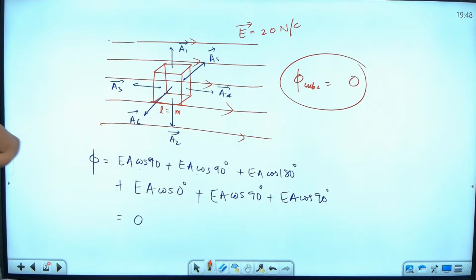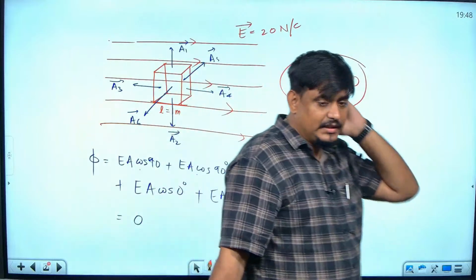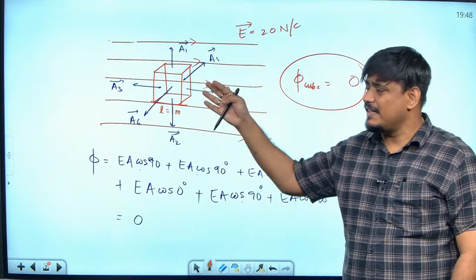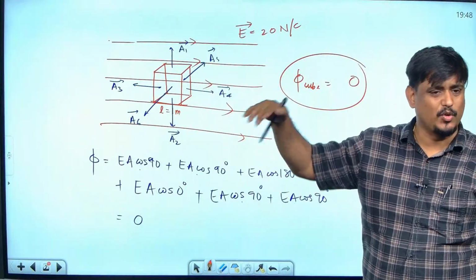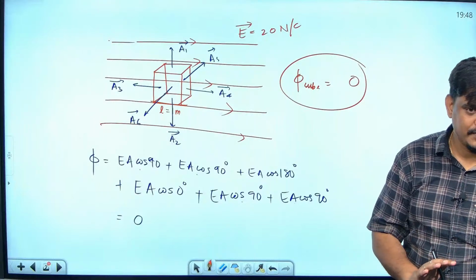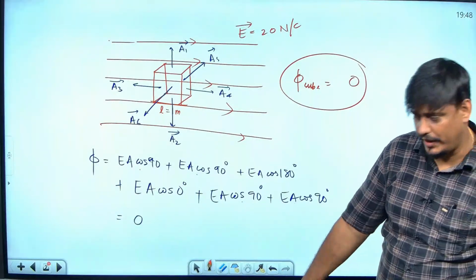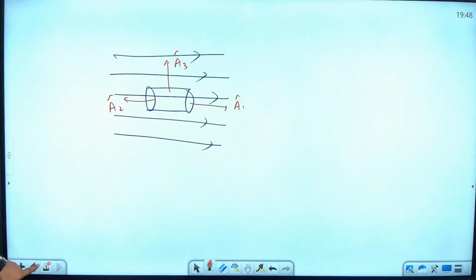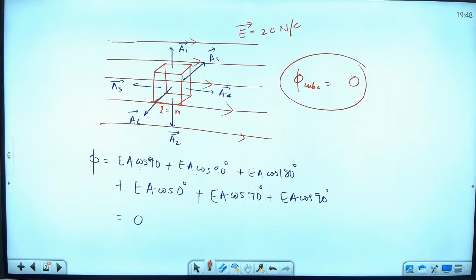The number of electric field lines entering and electric field lines exiting are going to be same, so net electric flux is going to be 0. Is it fine? Clear to everybody? Okay. Then if you want to write something, you can write, then I will give the next topic heading. I am giving 1 minute time to you. If you want to copy something, please copy.